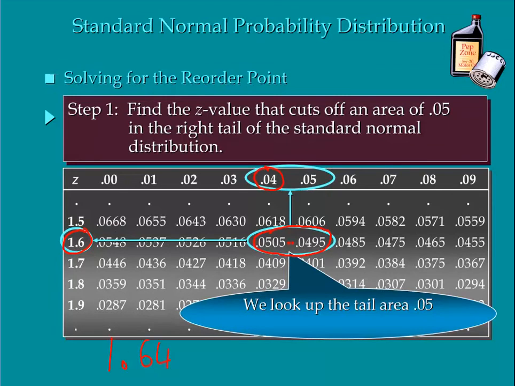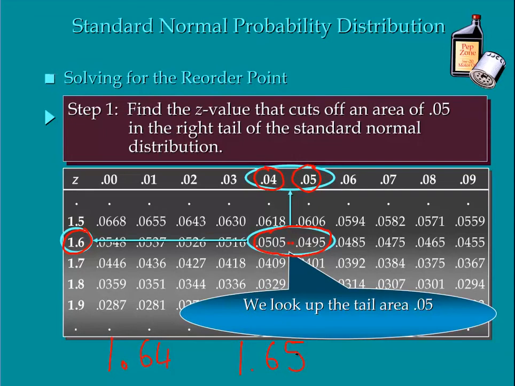And then 1.6 and 0.05 will give us 1.65. So we're asked to find the z value that cuts off an area of 0.05 in the right tail, the upper tail of the standard normal distribution. We don't have a precise figure here. 1.64 gives us an area that's just a little bit too large, and 1.65 gives us an area that's just a little bit too small.